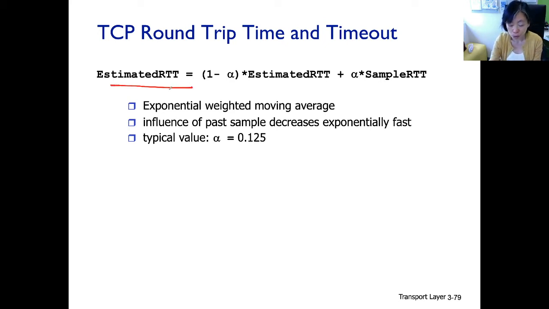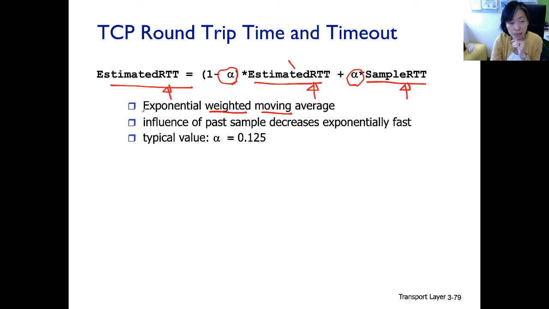The next smoothed RTT is going to be a weighted sum of the current smoothed RTT and the current sample RTT. We're taking the history into consideration, that's why it's called a moving average, and we're using a special factor alpha here, so it's a weighted moving average as well.